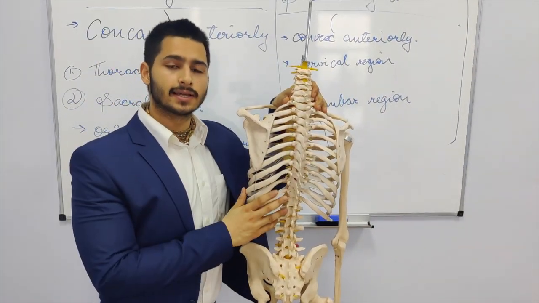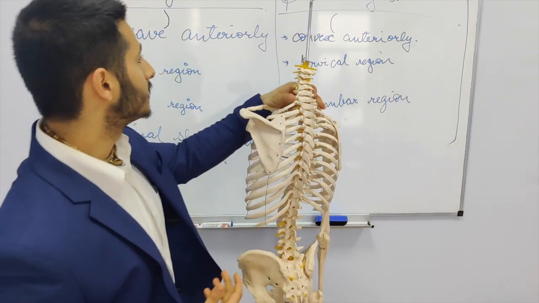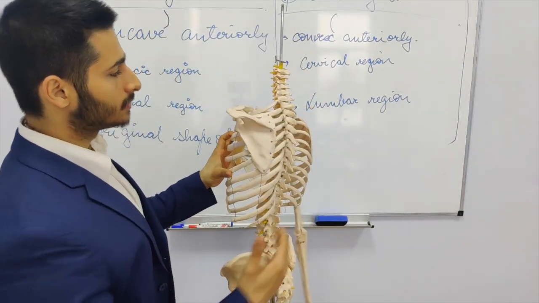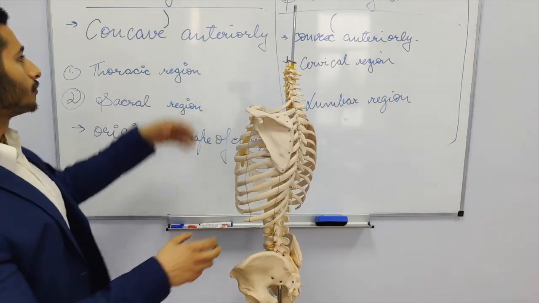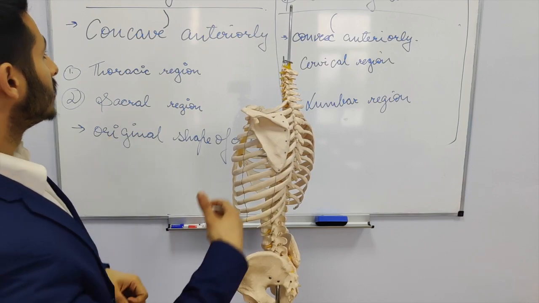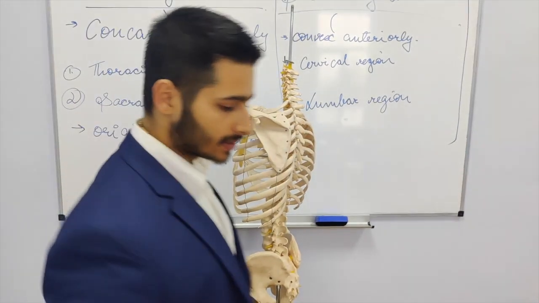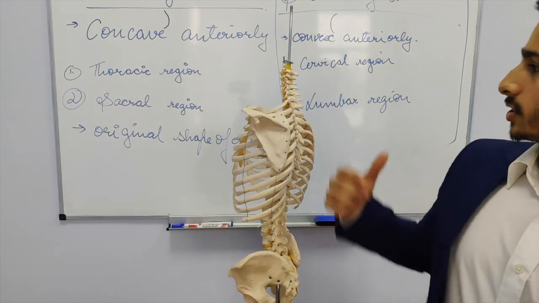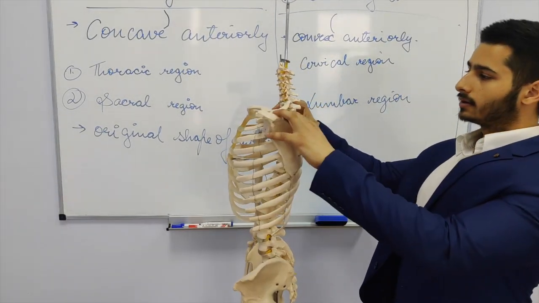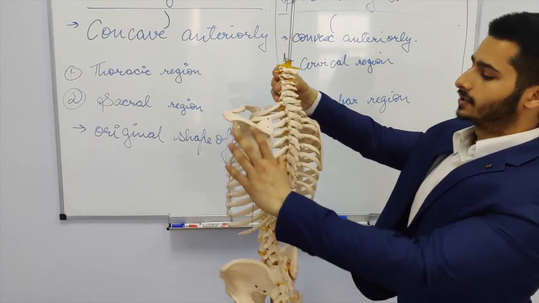I'll be using this skeleton to help you better understand these curvatures of the back. Starting again with the primary curvature, we have the thoracic region and sacral region that consist of this curvature, and it should be concave anteriorly. I'll show you the regions first.